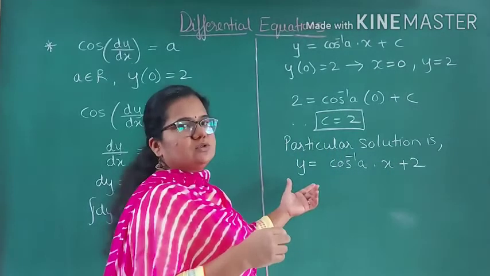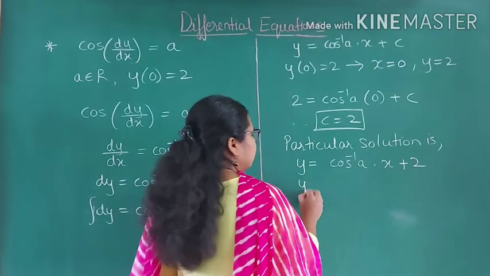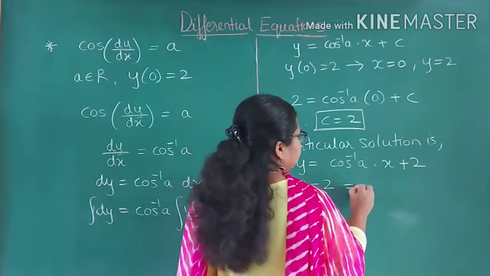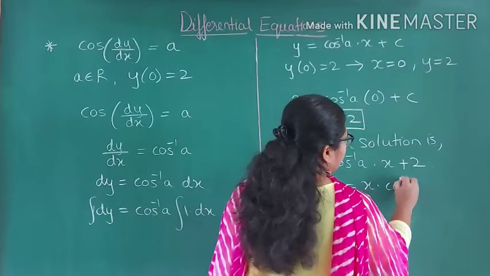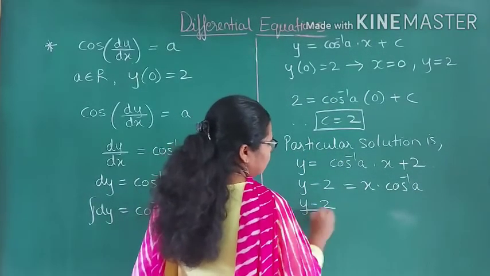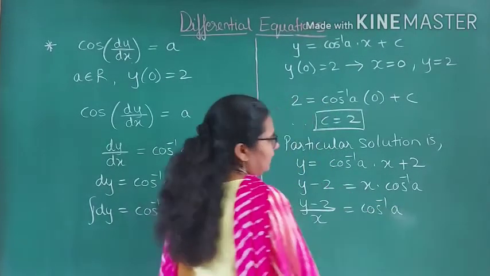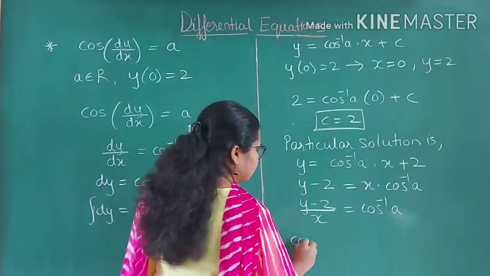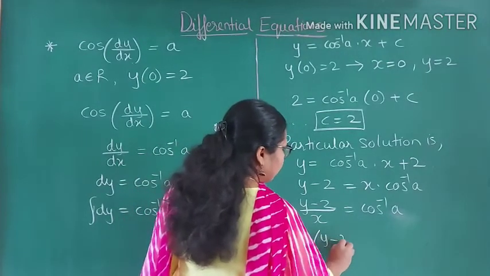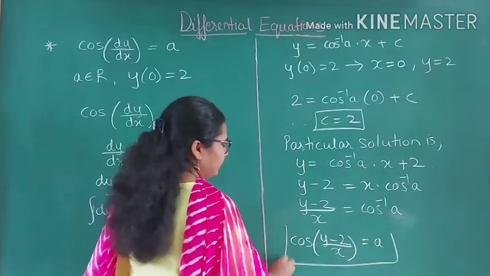If you just want to simplify, you can simplify this equation. You can take 2 on the other side. It will become y minus 2 is equal to x into cos inverse of a. Take x this side. It is y minus 2 upon x equal to cos inverse of a. And if you want, you can write this as cos of y minus 2 upon x is equal to a.